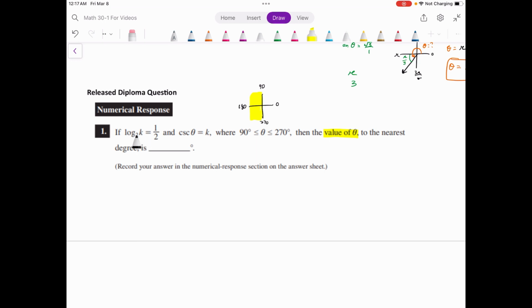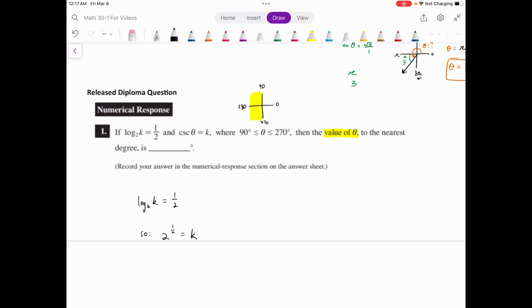And sure enough, this is an equation where we can figure out what k is, because if log base 2 of k is 1/2, then remember, a logarithm just represents an exponential in a different way. This is just saying that this to the power of this equals this. So 2 to the power of 1/2 equals k.